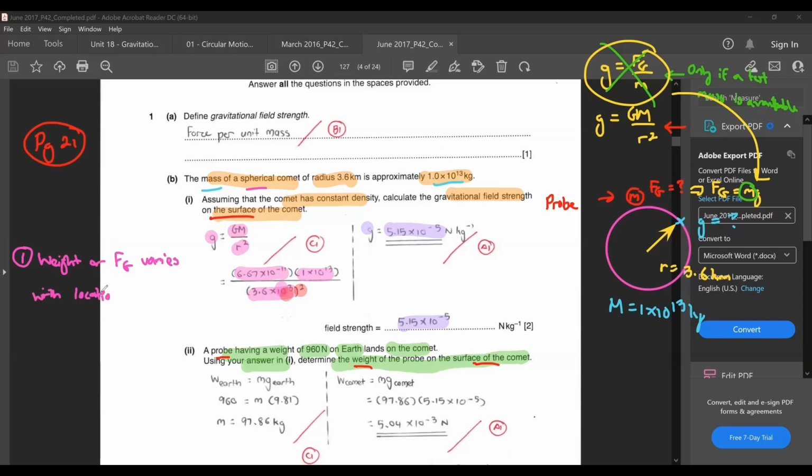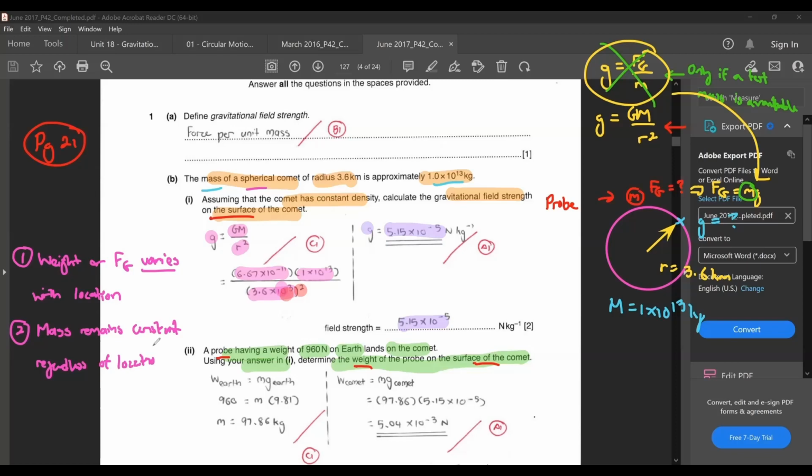If you have an object on Earth, it will weigh a certain value. But when you put it on the moon, it will weigh a different value. If you put it on Mars, it will also weigh a different value, right? But what we told you was that although weight or gravitational force varies with location, mass remains constant regardless of location.